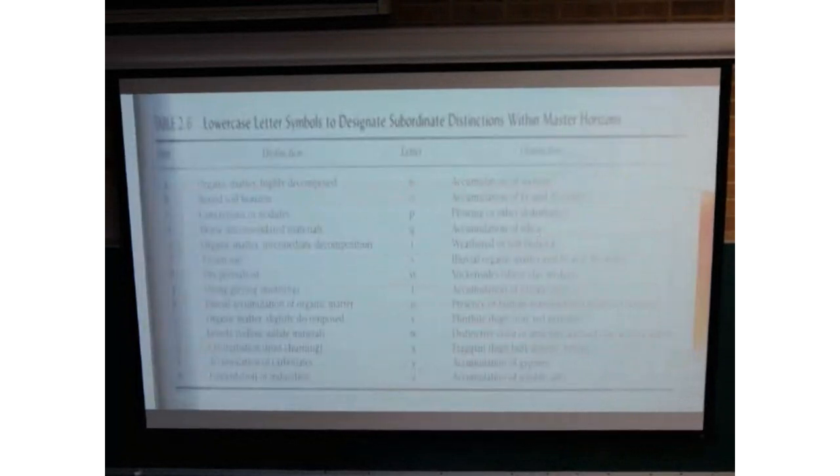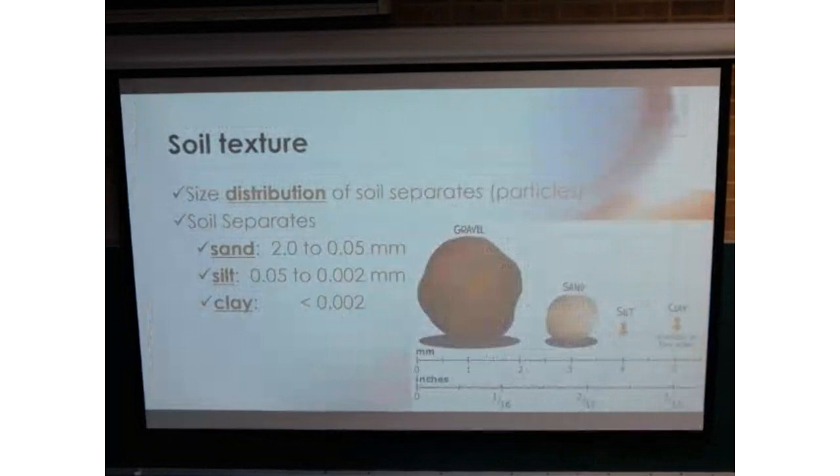Okay. Soil texture means size distribution of soil separates. It depends on the percentage of soil particles. Each soil particle has its own size, and then we're going to organize it.